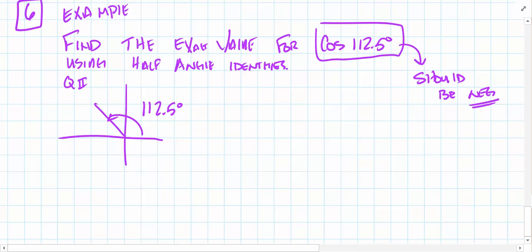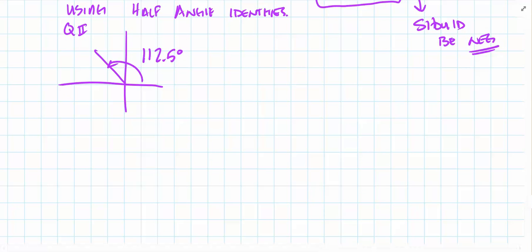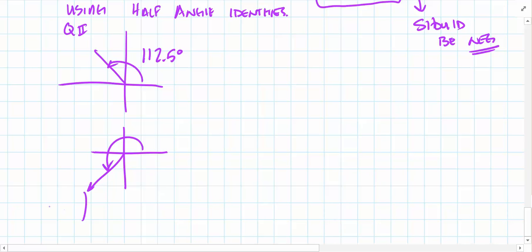Okay. That being said, 112.5 degrees is exactly half as much as what? 225, right? And 225 degrees is an angle down here in quadrant number 3. That is a nice, easy angle to work with because we know the exact value for 225 degrees.